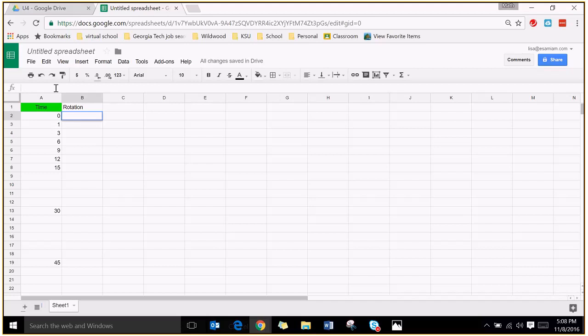So it's equals, and then you take 360 divided by 15, because that's how many degrees are in 1 minute. Does that make sense? 360 divided by 15?